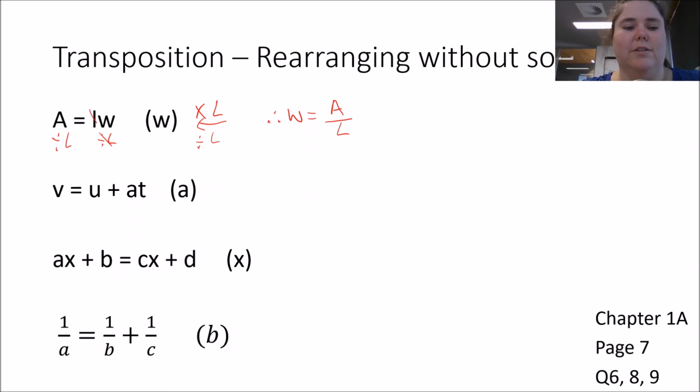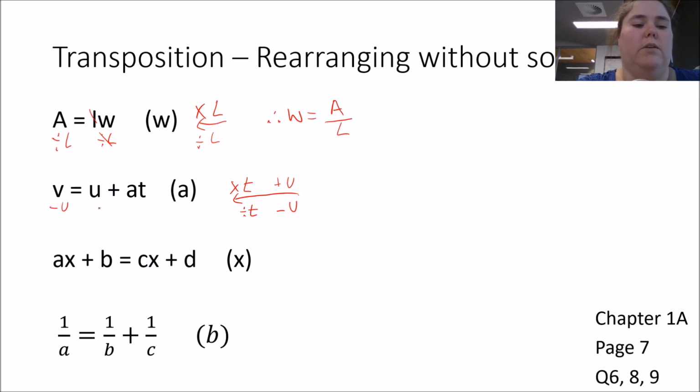Transposed, rearranged, done. Some of them will have more steps, like this one. But once again, it's just like rearranging an equation. A was first multiplied by t, and then we added u. So in reverse, we're going to take u and then divide by t.